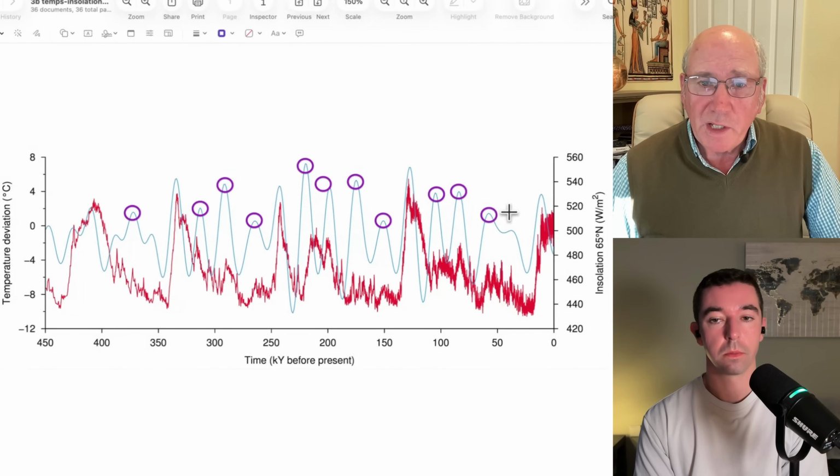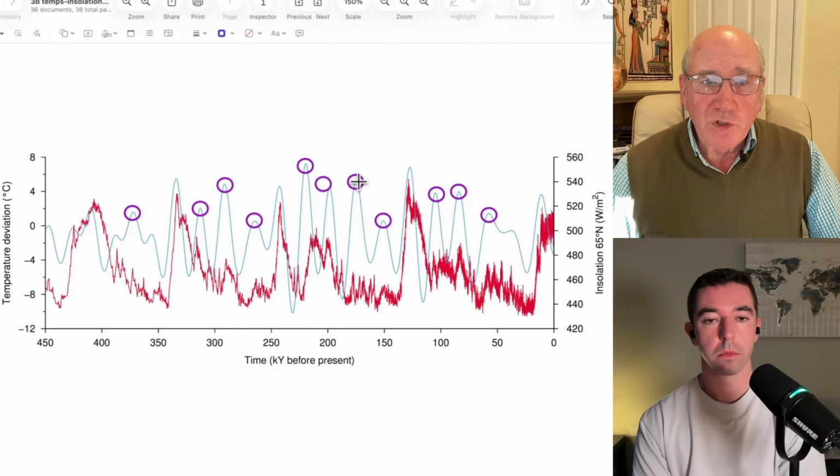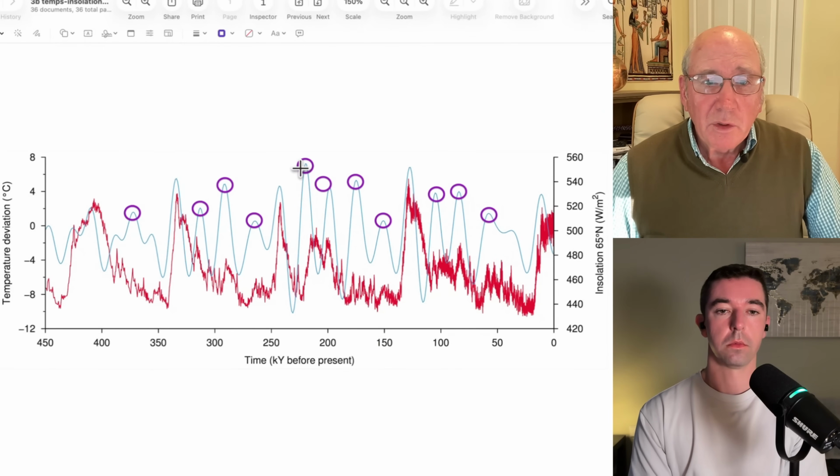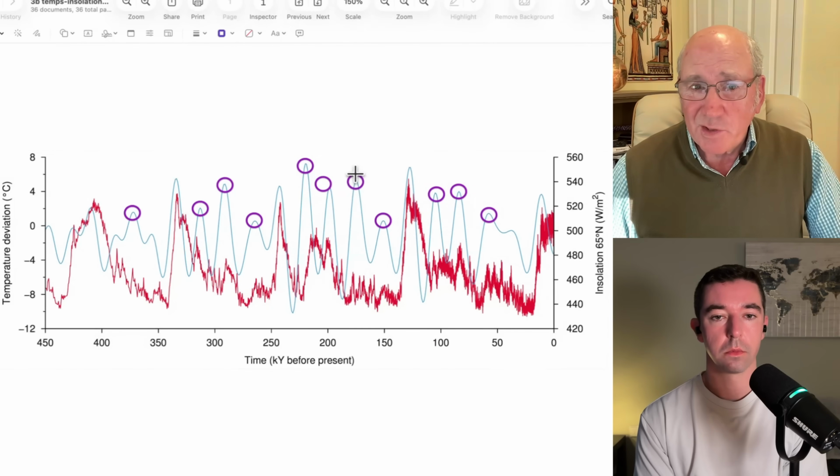So these are all the great summers, or the Milankovitch maximum, which do not cause any warming. So look at this one, for instance. This is a great deal of warming. It goes up to 540 watts per square meter and no warming at all. Here, again, we get a little tiny bit of warming. Here, we get no warming at all. And likewise here, no warming at all.